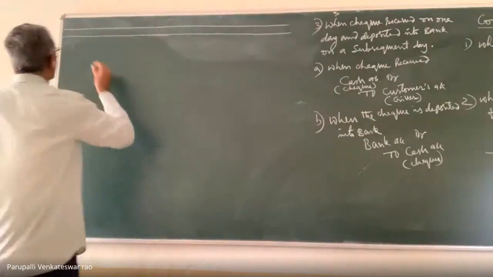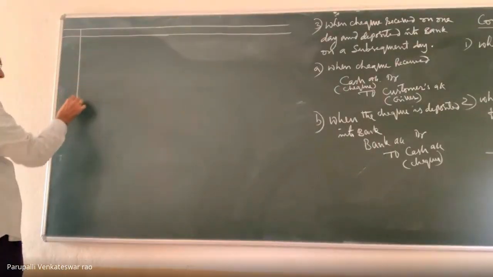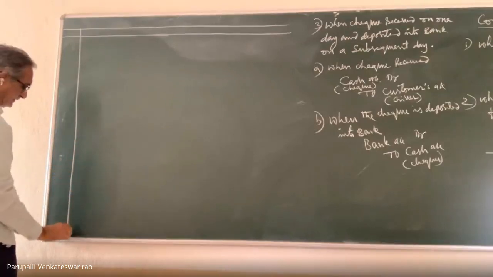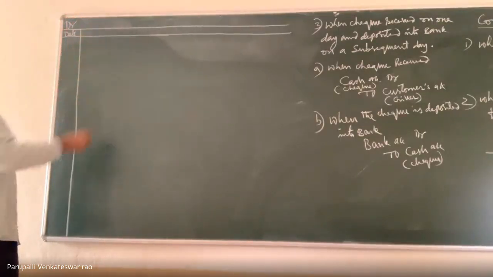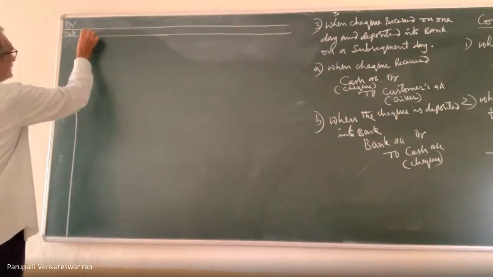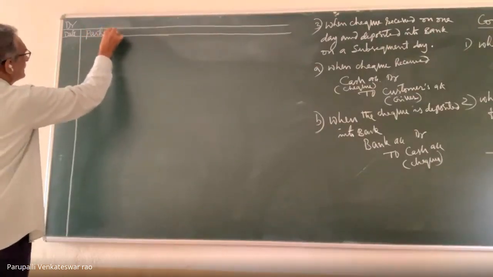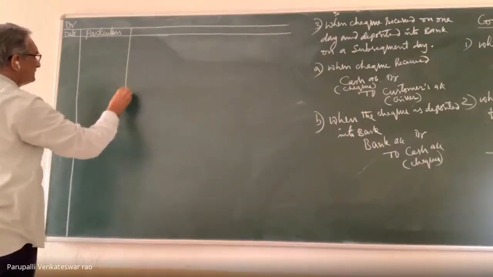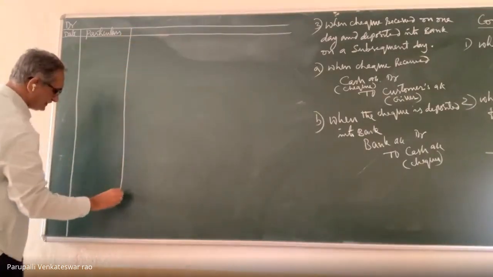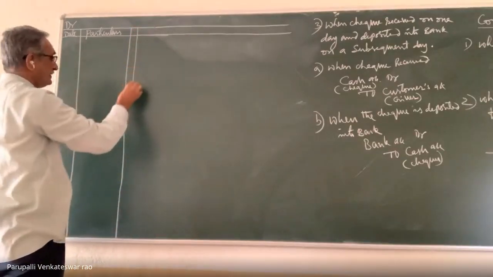Now, first column, date. Left side is called debit, so DR we write. DR is debit. Next is particulars. The next one is ledger folio number.